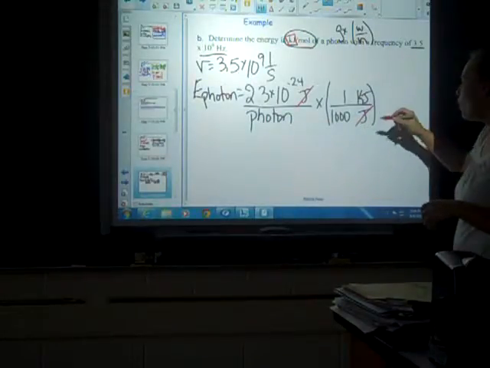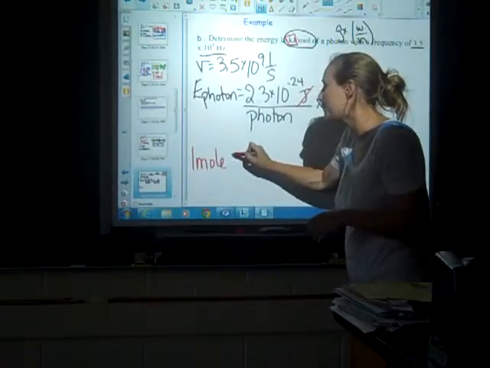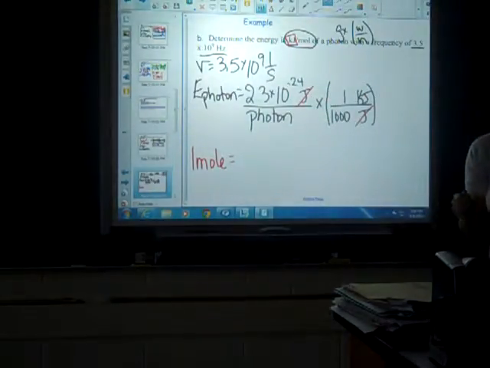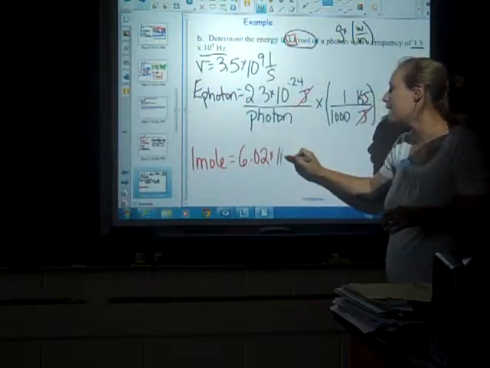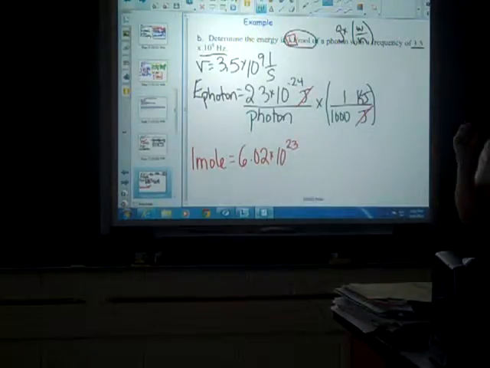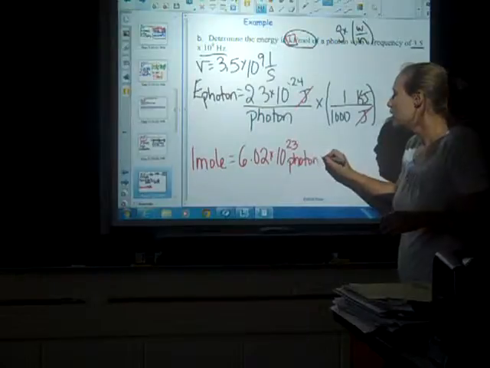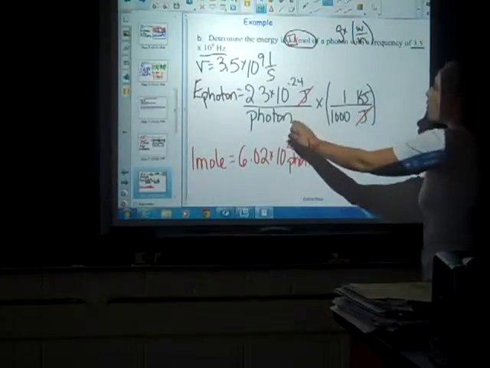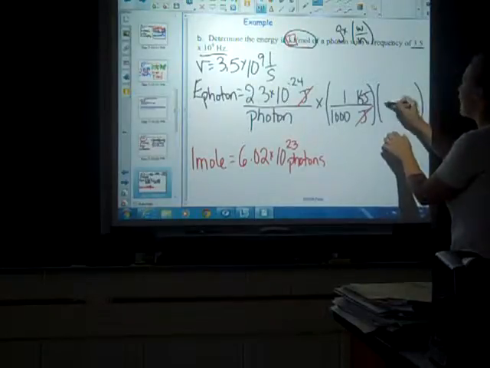So I need to know one more conversion factor, and you might remember this from Regents Chem. 1 mole is equal to a specific value. That's 6.02 times 10 to the 23rd atoms or molecules, or in this case, photons. So again, I want to get rid of photons. I'm going to go ahead and set up a second fraction.